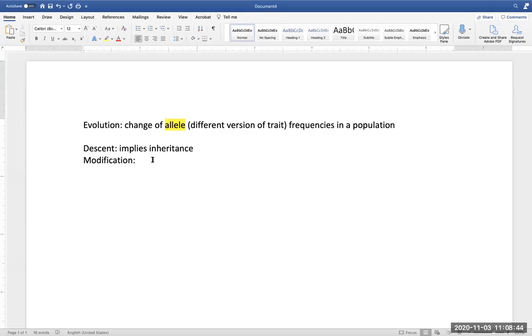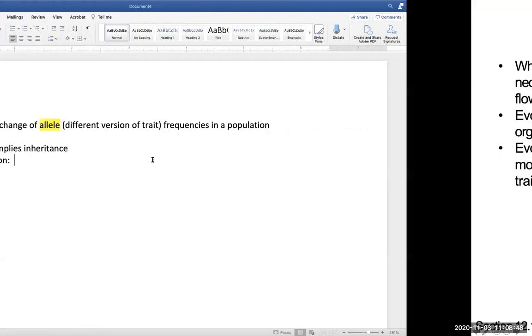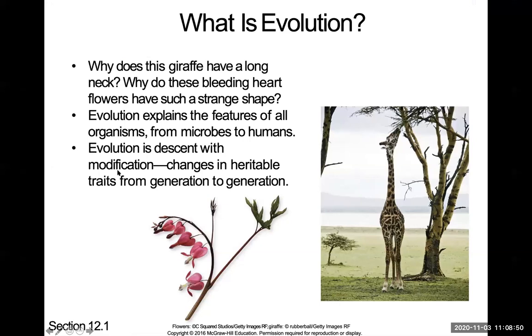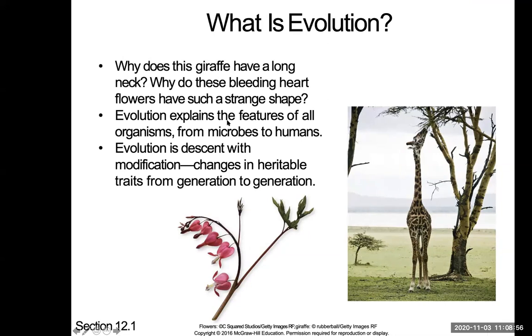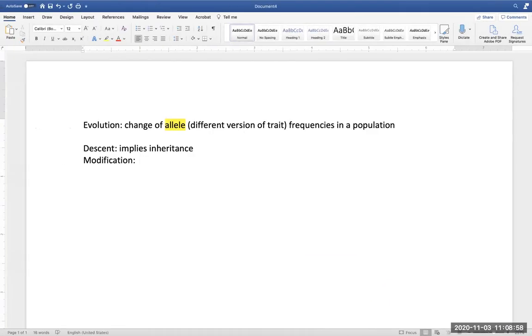So what is modification? What does it mean when we modify something? Changing something. Change, right? And in this case, we're saying it's a change in allele frequency, so it's a change in traits, from one generation to the next, generation to generation.